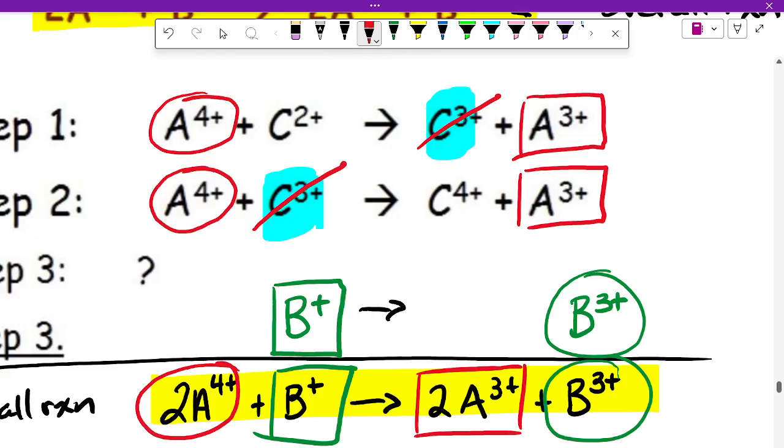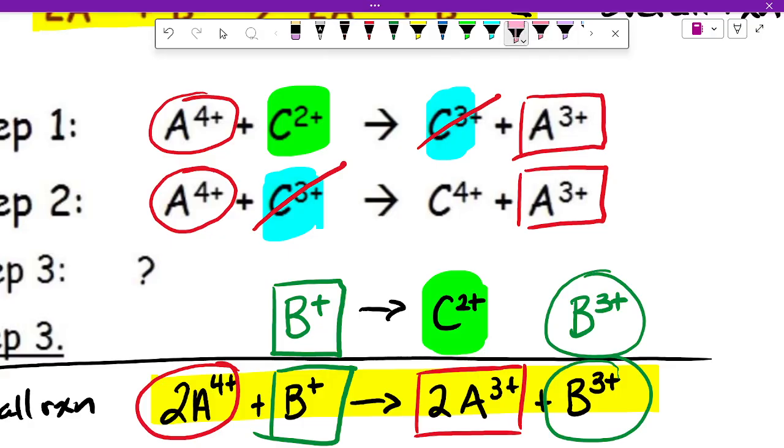What else needs to cancel out? C2 and C4. So where will we put the C2 so that it cancels out? I'm going to put it on the right side because then it will cancel out. C2+. And then I'm going to say, is there anything else that needs to cancel out?